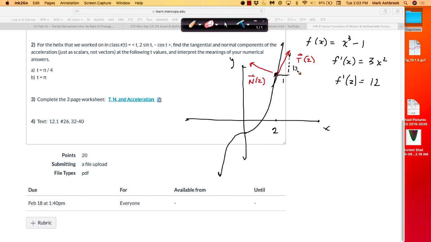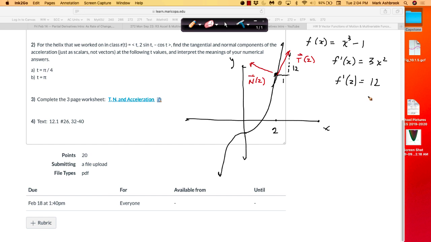This is the ratio of rise to run. The rate of change in the geometry sense is slope. So if the rate of change is 12, the y change is 12 times as much as the corresponding x change.